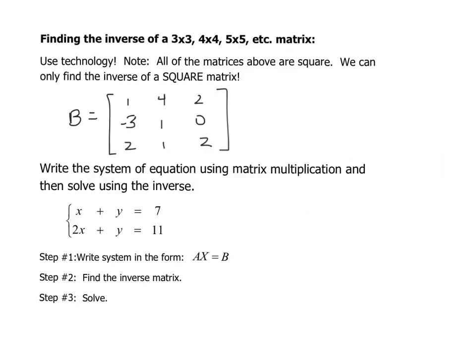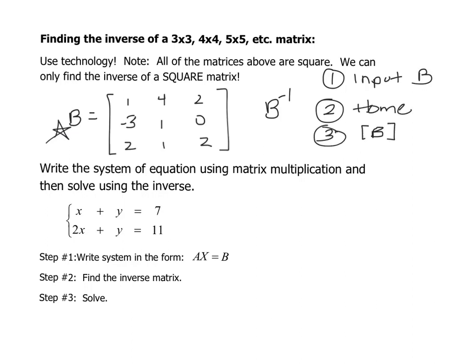Now, remember we said that if we have matrices that are larger than 2 by 2, it gets really complicated finding the inverse, and so we use technology. Here's a matrix B, and what I want to do is find B inverse, and we're going to do that by first inputting our matrix B into our calculator. Second, we're going to go back out to the home screen.